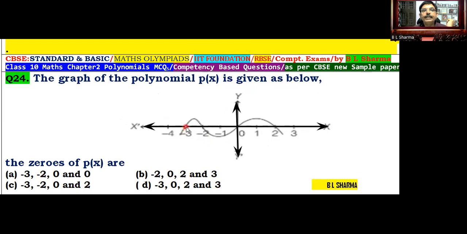This graph is intersecting x axis at 4 points. Here I'm taking point number 1, point 2, point 3 and point 4. क्या आप जानते हैं कि जीरो क्या होता है?